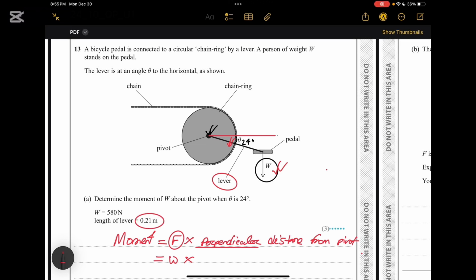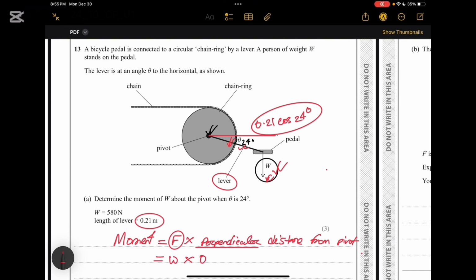The length of the lever is 0.21, so it will be 0.21 cos 24 degrees. We cannot take this 0.21 directly because it is at an angle, but we can take the horizontal component of the length of the lever, because the weight is completely vertical.